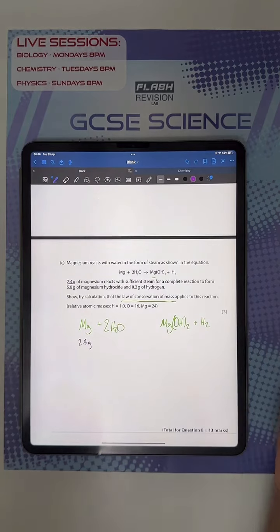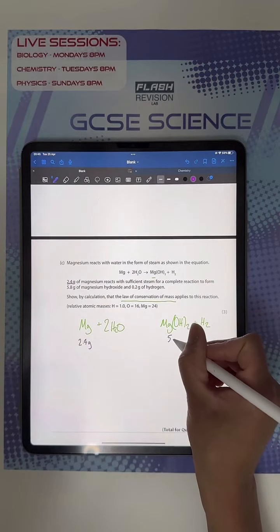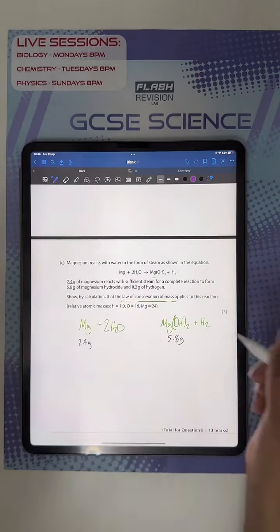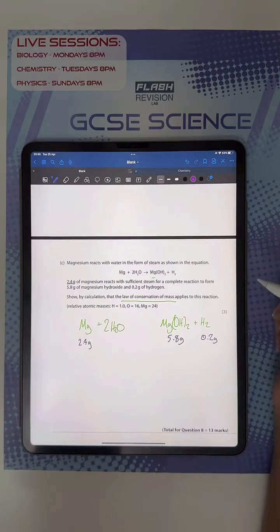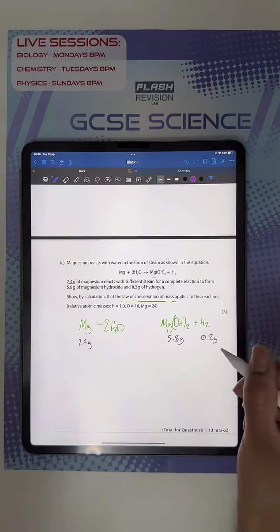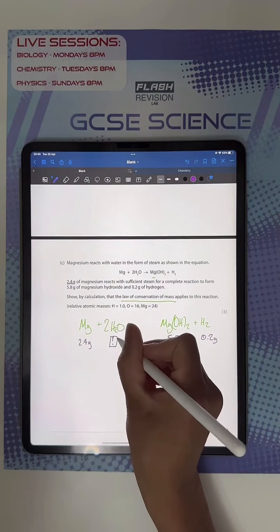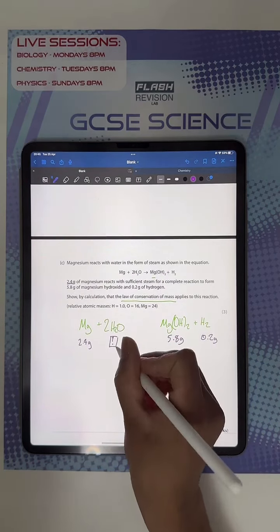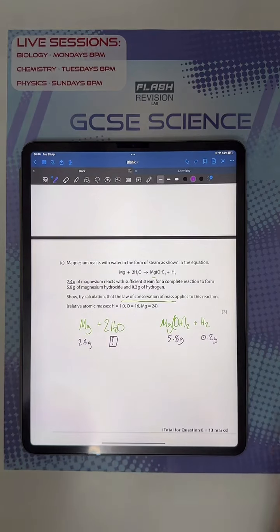The steam is the H2O because that's just water as a gas. For a complete reaction to form 5.8 grams of magnesium hydroxide and 0.2 grams of hydrogen. Show by calculation the law of conservation of mass applies. So basically what they want you to do is to work out this value here. And when you work that out, you do 2.4 plus that number and it should equal 5.8 plus that number.